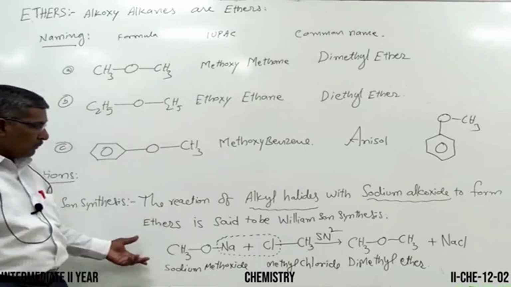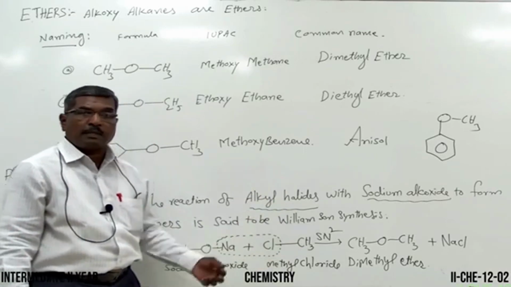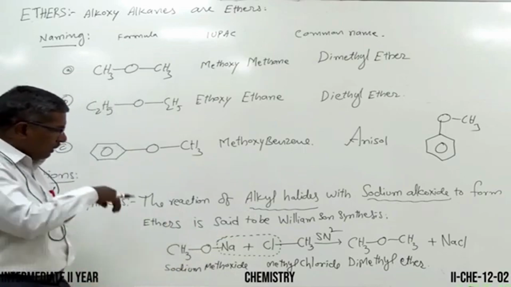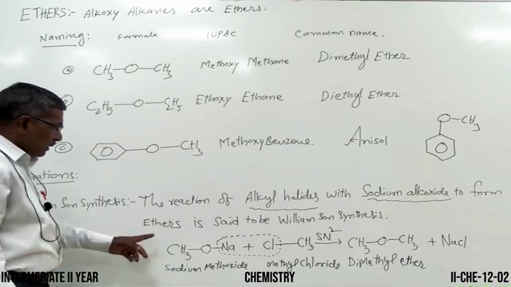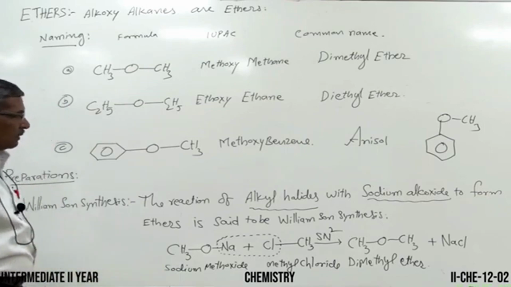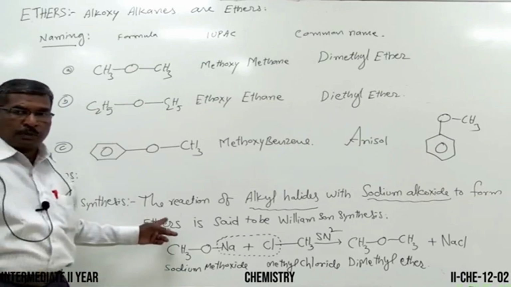So the reaction of sodium ethoxide with ethyl chloride gives diethyl ether. Like this, we can take a number of examples for Williamson synthesis. So this is about the Williamson synthesis.